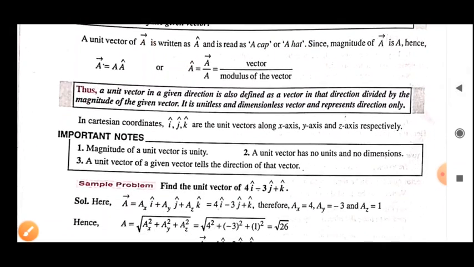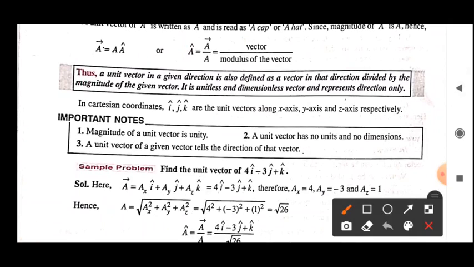Now here you can see the unit vectors that are associated with certain axes. For the x-axis we call the unit vector i cap, for the y-axis we call it j cap, and for the z-axis we call it k cap. So i, j, k caps are the unit vectors associated with the Cartesian coordinate system.